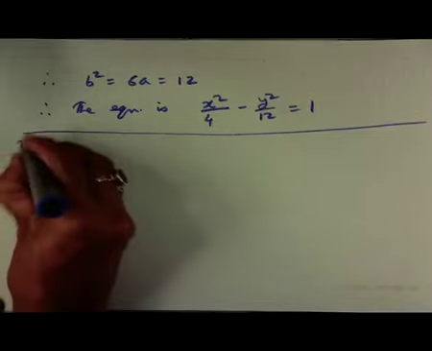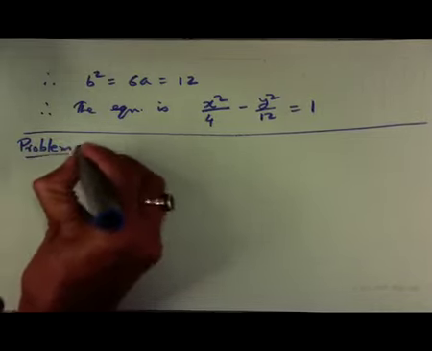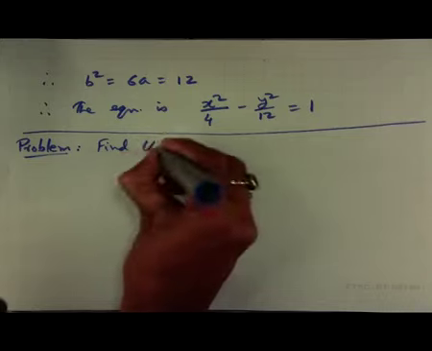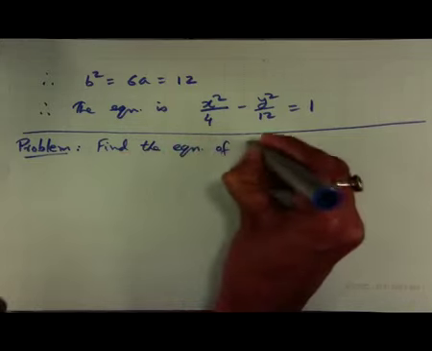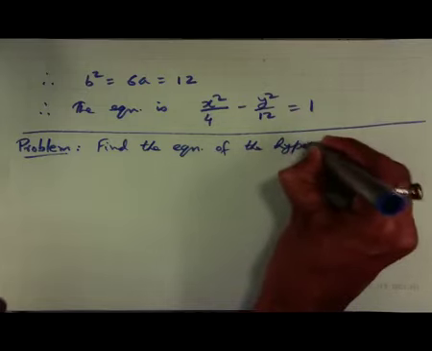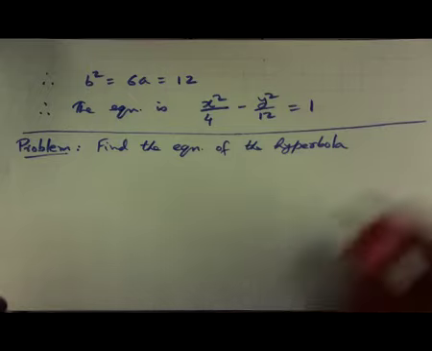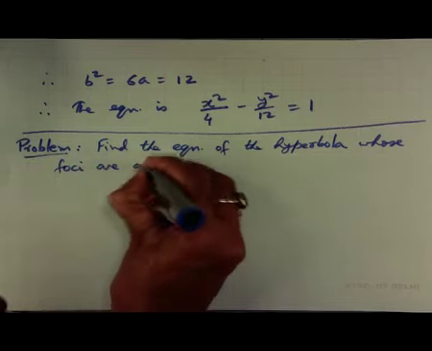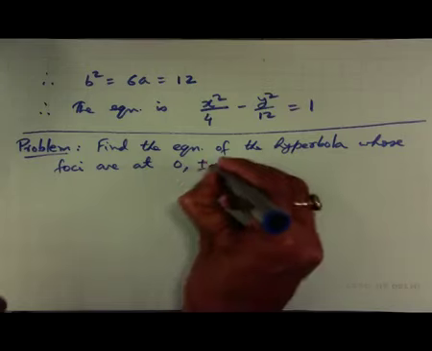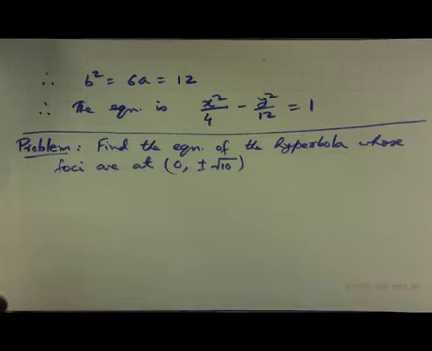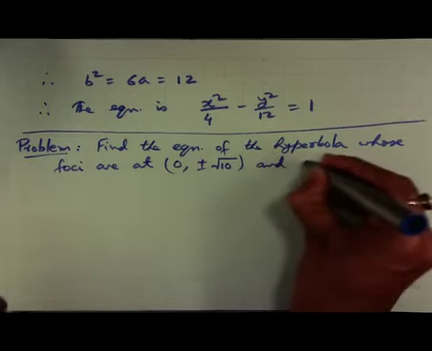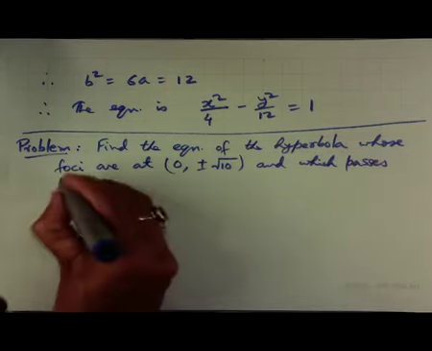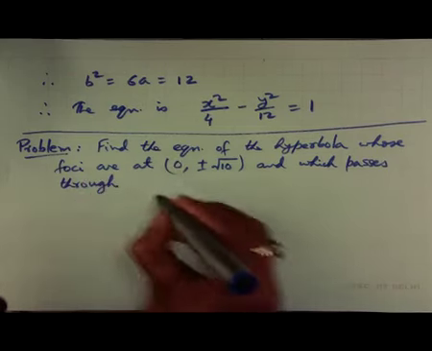Let me do one more simple problem. You have to find the equation of the hyperbola whose foci are at 0, plus minus root 10, and which passes through the point (2, 3).